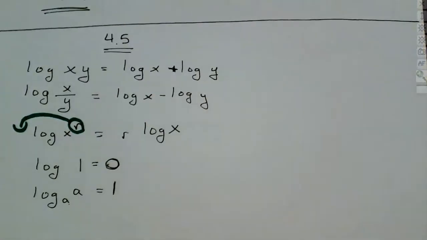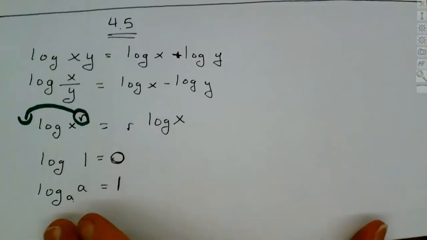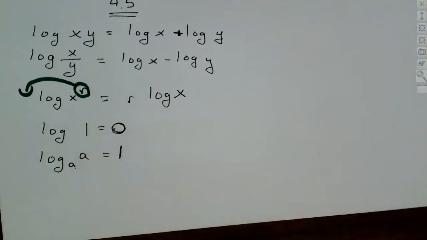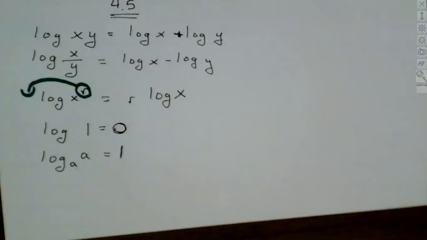And the equations in 4.5 require a little bit of thinking. They're kind of like what we did back in chapter 1 when we looked at things in 1.6 and 1.7, where we had to really think about how to work with different types of equations. Same thing here. We've got to use some properties of logarithms to be able to work them out.